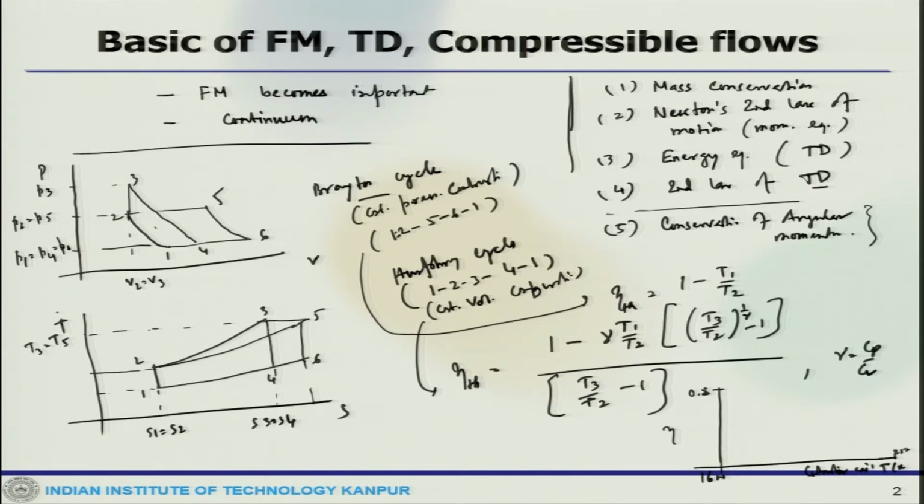The cycle efficiencies are different. One goes like this, this is your Humphrey cycle, which is 0.78, and somewhere the Brayton cycle efficiency would be around 0.64, something like that. So, there is a difference, but obviously there is another issue, which is the process of combustion. One is constant volume, one is constant pressure. So, there is a big difference between these two. This is the basic thermodynamical cycle.